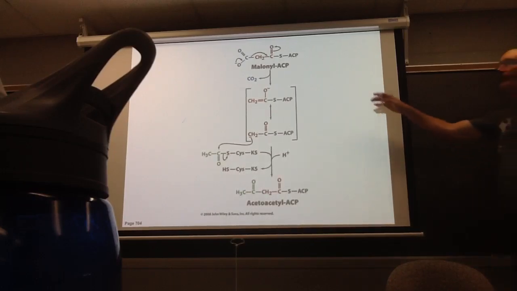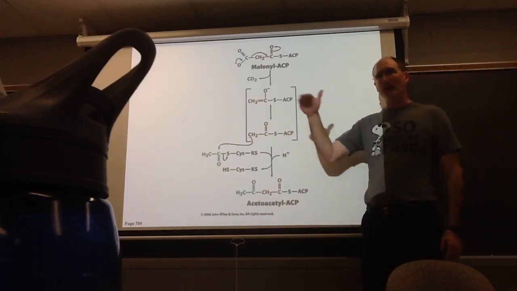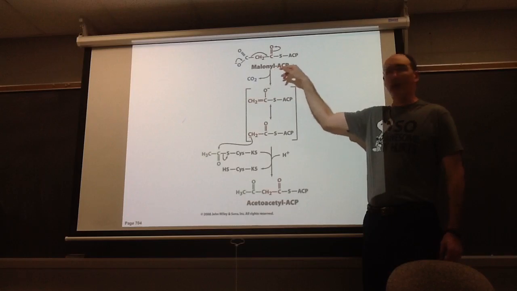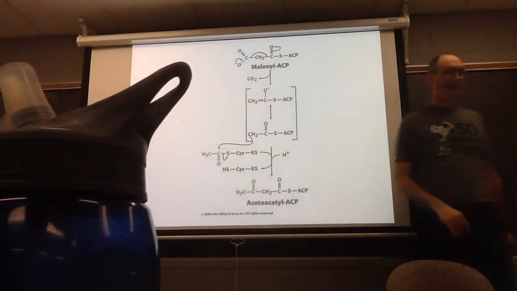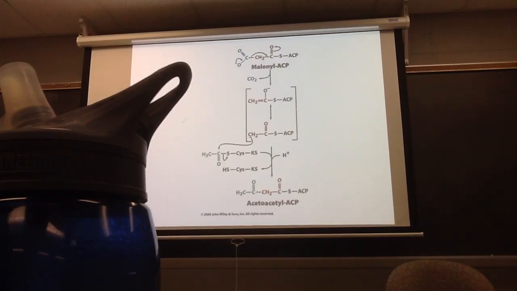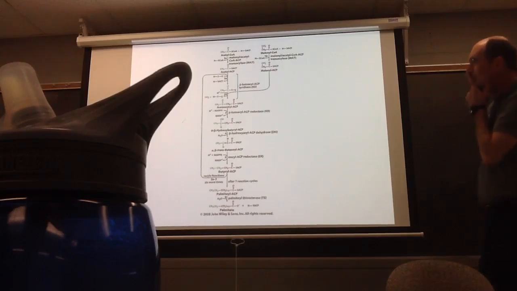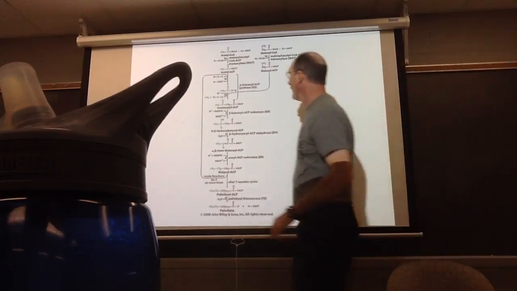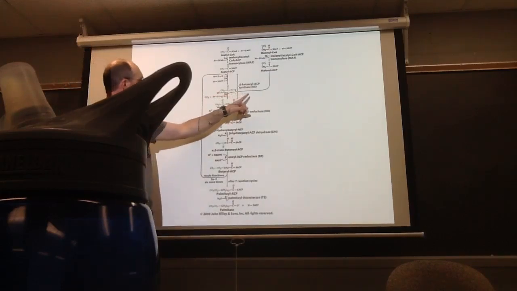Yeah, the fatty acid synthase is a multi-enzyme complex, or a multi-protein complex. So there's the acyl carrier protein, then there's the ketoacyl synthase. Okay? So, that gets us to here.